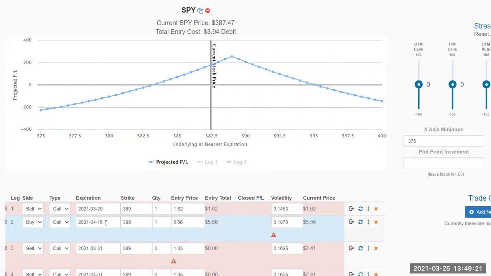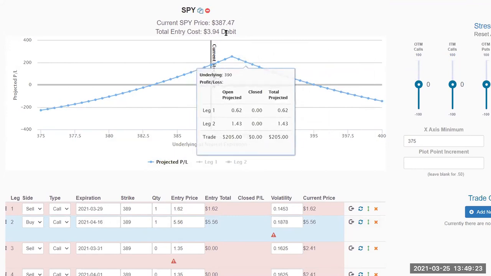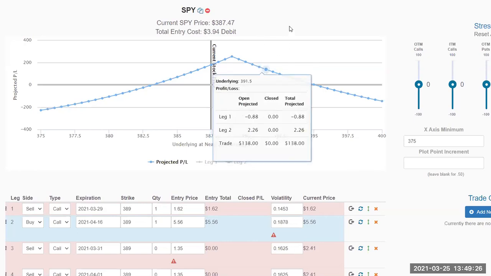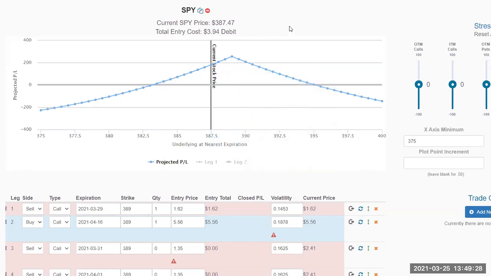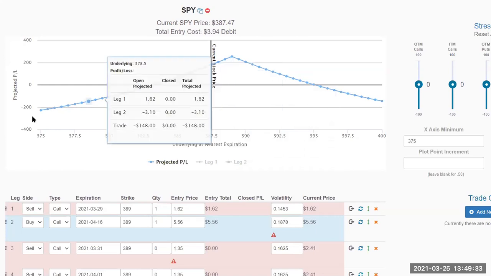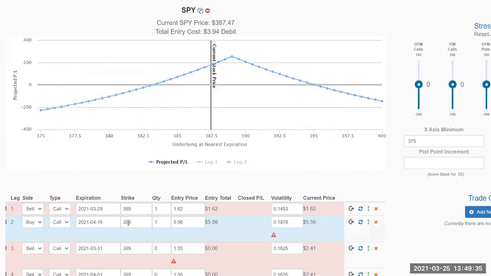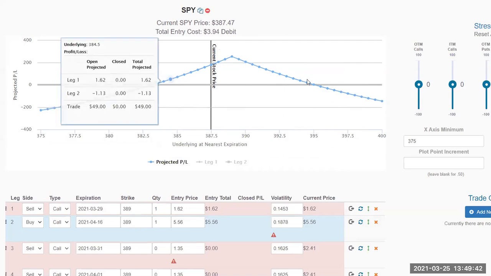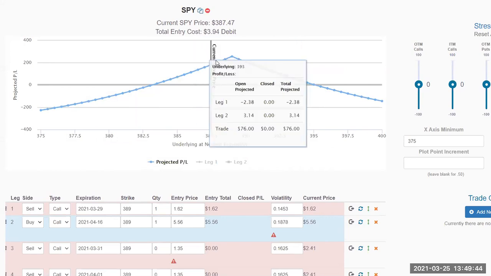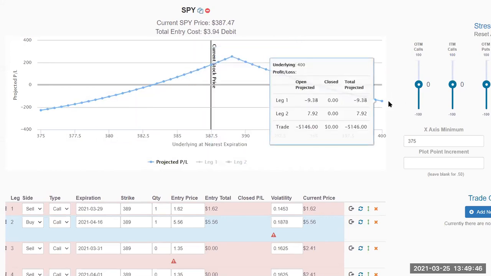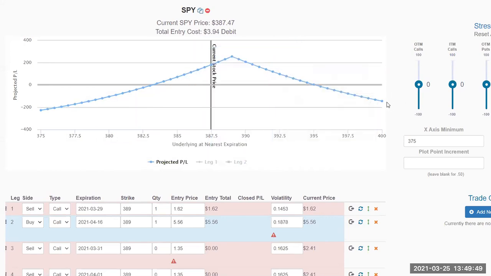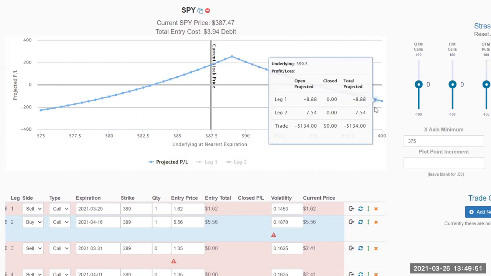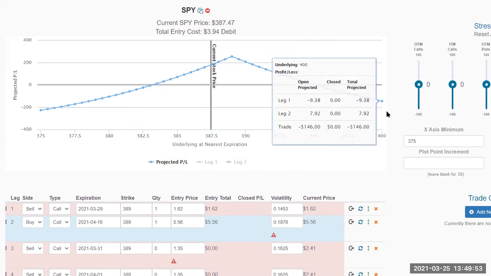So the probability of hitting this $400 loss on a single trade is almost impossible. It's not impossible because the market can crash, but if the market crashes, there still might be some extrinsic value on this call because they've shot the volatility up. On the flip side, very, very unlikely that in 2 days you're going to go all the way up to where you can hit $400. This one is statistically an impossibility to the upside.